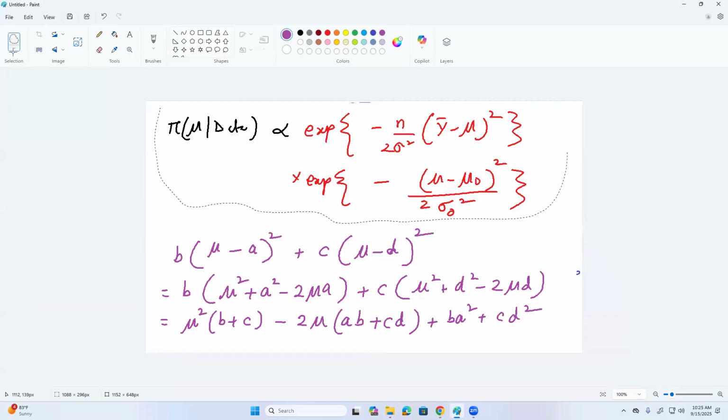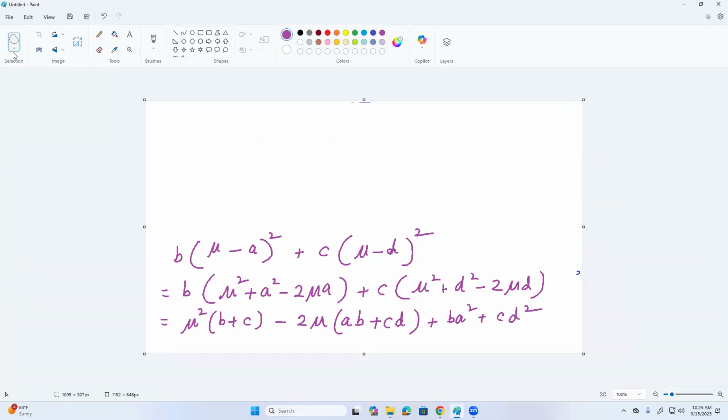This technique is called square completion.